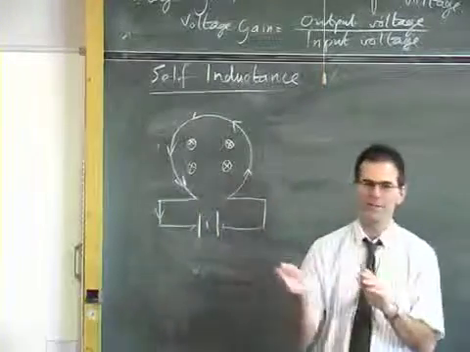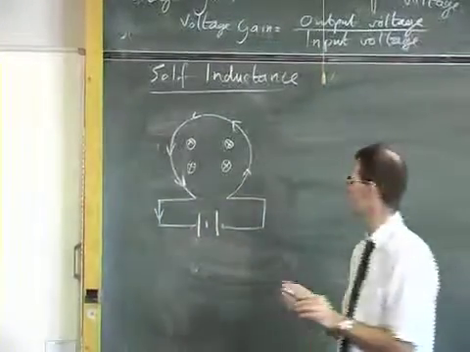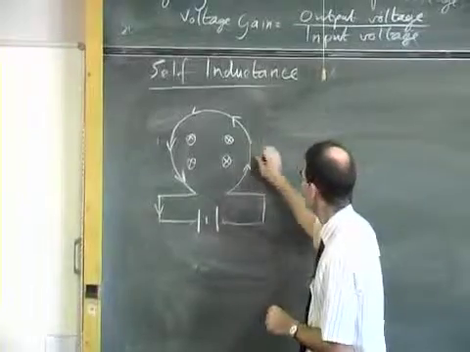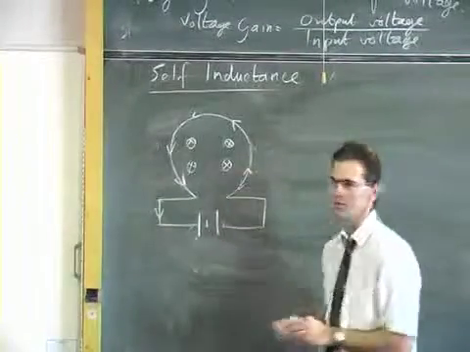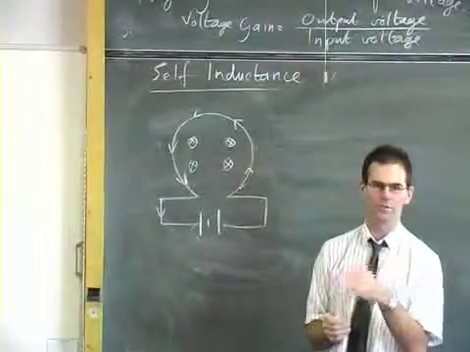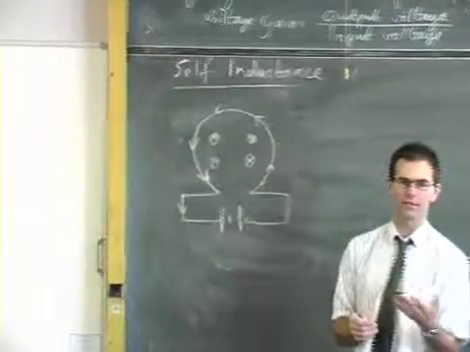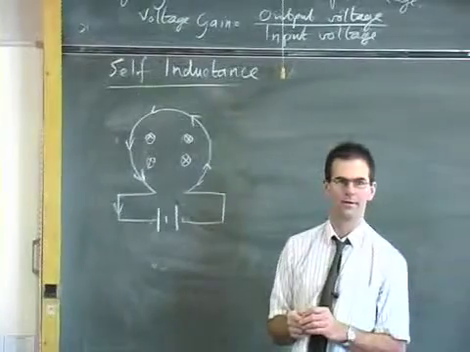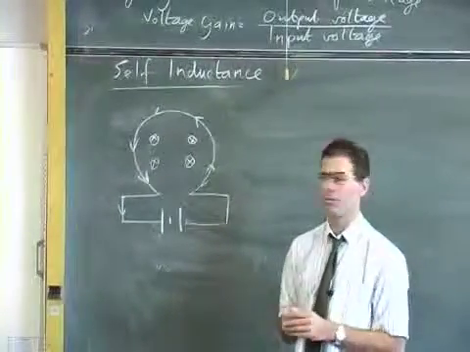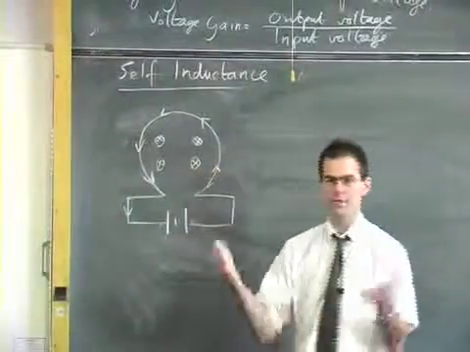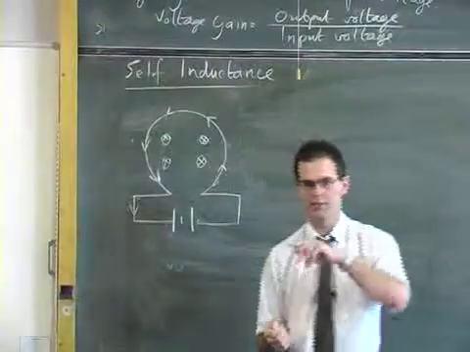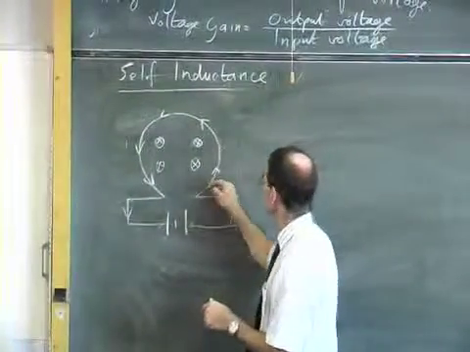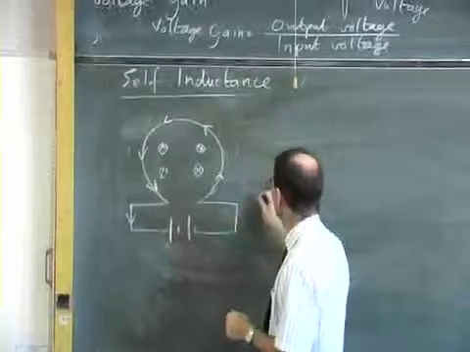Now there's only two ways the induced voltage could move the electrons. It can either try and move them that way, or it can try and move them in reverse. By conservation of energy, if you had to take an educated guess, which one would you go for? Yeah. Otherwise, suddenly we've found a way to invent energy and create energy if the change in magnetic field caused that to go around that way.